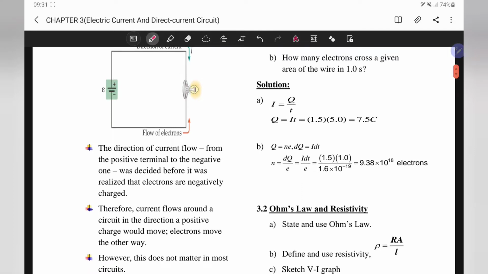This is the explanation: the direction of current flow from the positive terminal to the negative terminal was decided before it was realized that electrons are negatively charged. Therefore, current flows around a circuit in the direction a positive charge would move, and electrons move the other way.